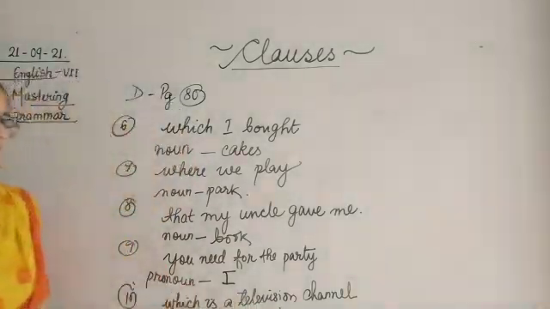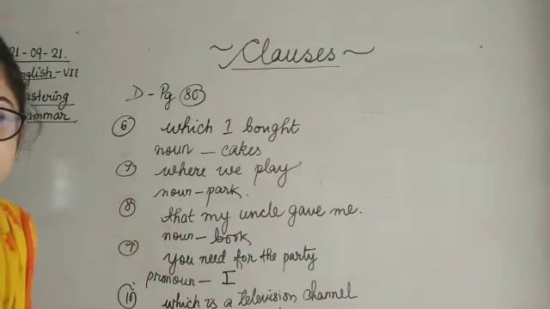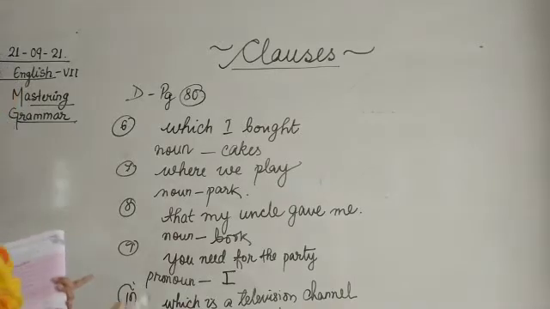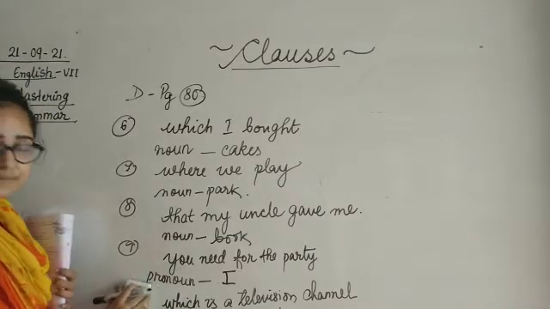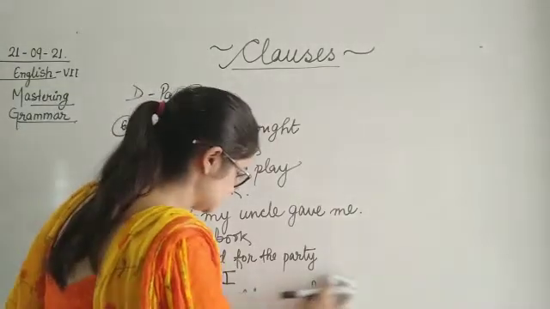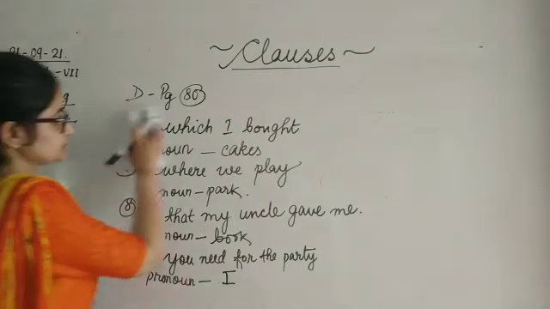Okay children. So I hope you can see after this. Okay, so I think this is not visible to you. Let me write it again. Yes. So I'll be writing that again. Number 10.